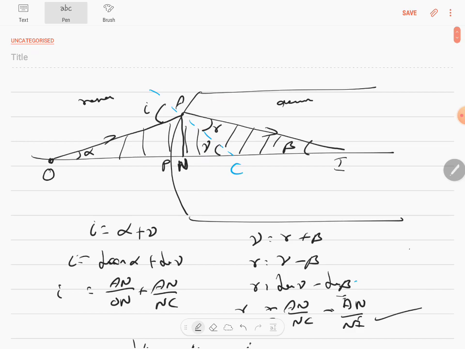The question is, the object is in the rarer medium and the image is in the denser medium for a convex spherical refracting surface. This shows that it's a real image. The fact that it has undergone refraction shows that the image is real. So the question may ask for a real image. Anything might be a question, but you should know this is the answer.